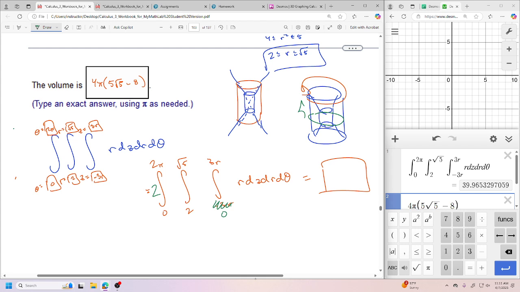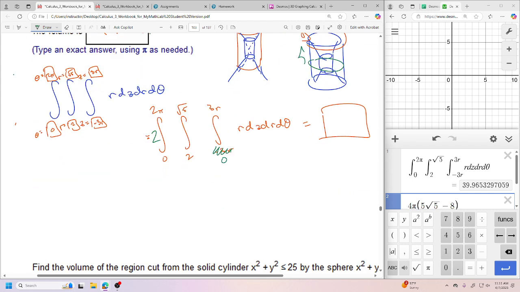Cool. So let's integrate this. We don't have a z, so we put a z in, and then you plug it in, and it's no big deal. It's 3r squared now, dr d theta, because there was an r, and then this r here makes an r squared. When I integrate the r squared, what do I get there?